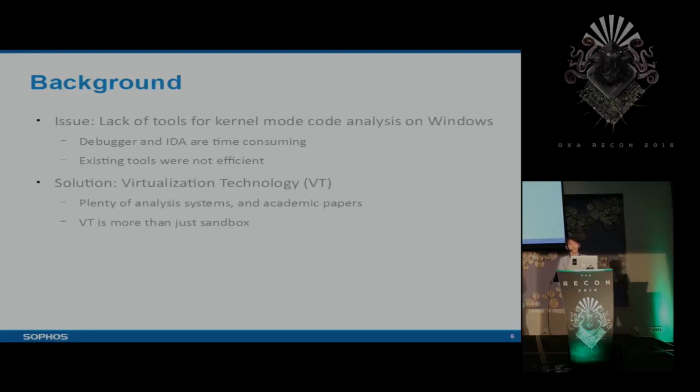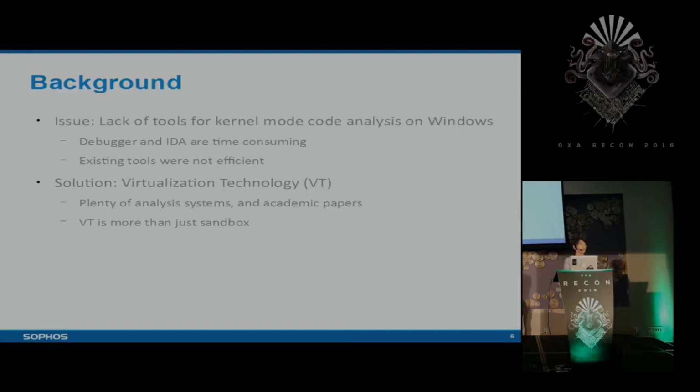Let me start with motivation. Why do you need yet another hypervisor project? A few months ago, we had issues. We found that we still didn't have a good tool to analyze Windows kernel activities. In my case, I personally wanted to analyze PatchGuard, not for my employer. PatchGuard was a challenging component to reverse engineer because it doesn't allow you to modify the Windows kernel in any way.